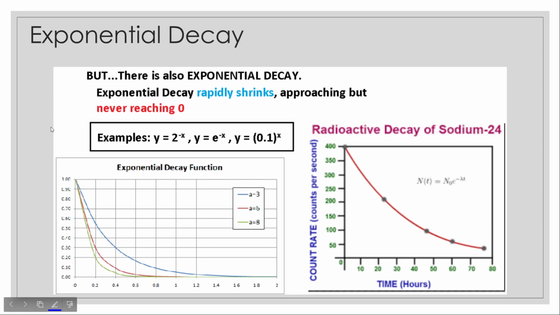If you had 100 bacteria and you know that it's basically halving each time, well, the first time you cut that in half, you're getting rid of a lot of bacteria, 50 of it.